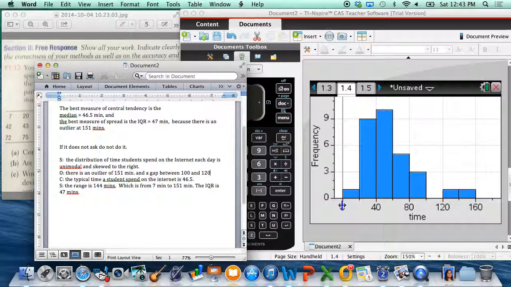The typical time a student spends on the internet is 46.5 minutes. The range is 144 minutes, which is from 7 minutes to 151. The IQR is 47 minutes. Done.